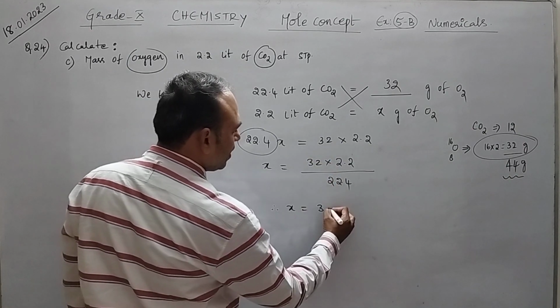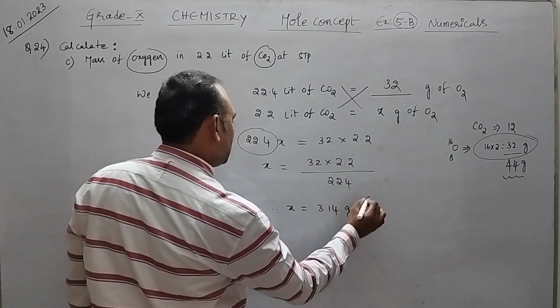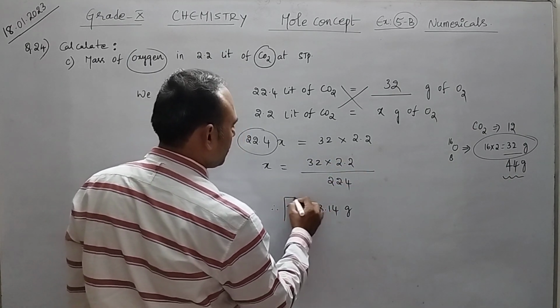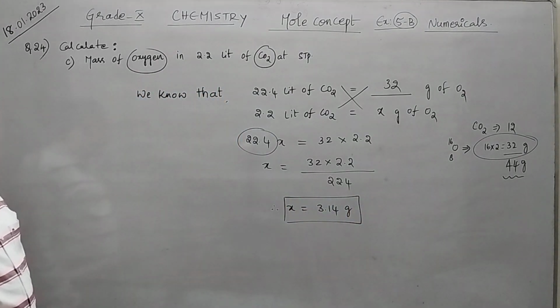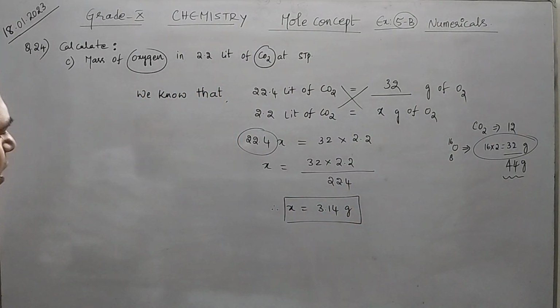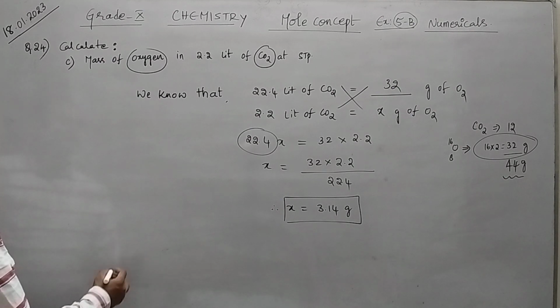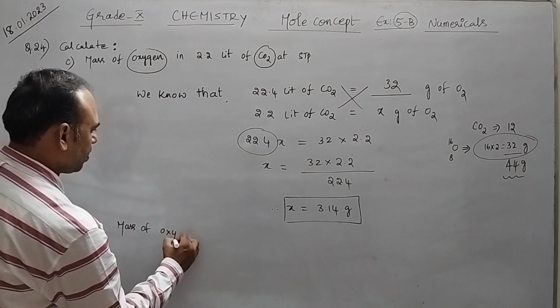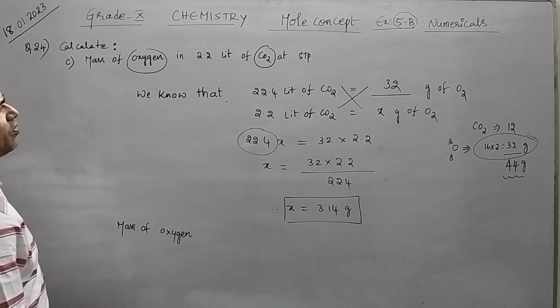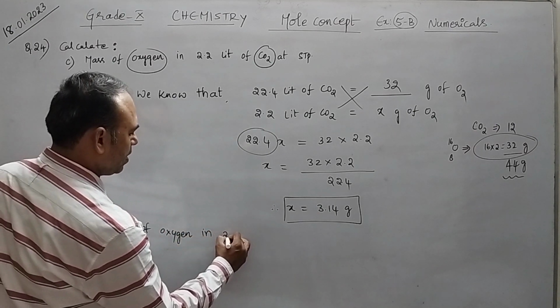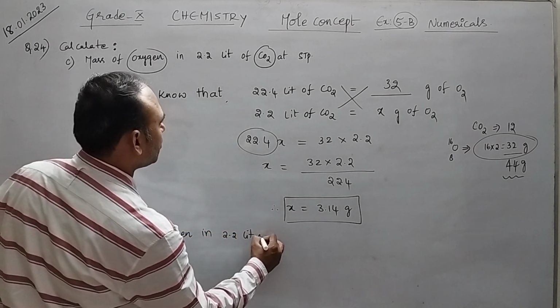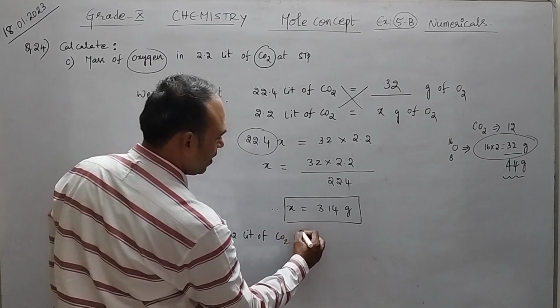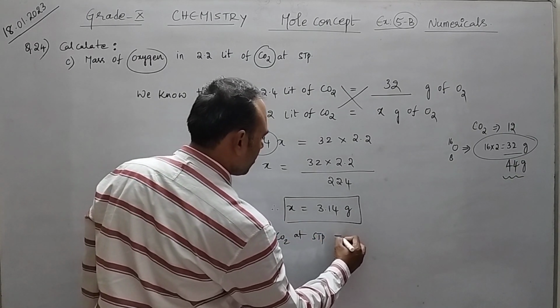So you will be getting 3.14 grams. I have already calculated this. So answer we get 3.14 grams. So we can write like this. Mass of oxygen in 2.2 liters of carbon dioxide at STP.